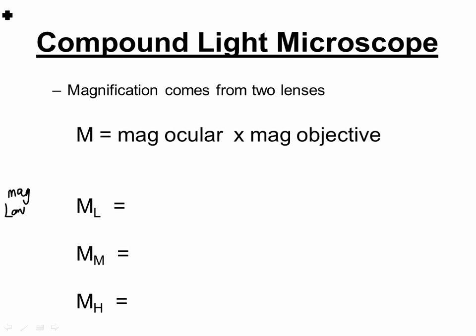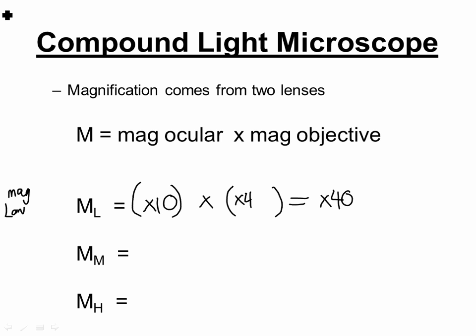Does anybody remember it from when we were writing it down? Yeah, Grace? It's 10 times, or times 10. That's the ocular power. And does anybody remember what the low power objective power was? I had you write it down. Yeah, Jack? Times 4, which means the overall power of low is times 40, or 40 times bigger, okay? 40 times larger.